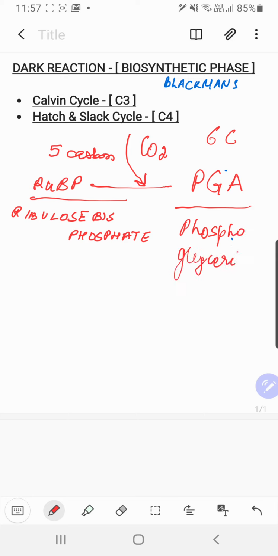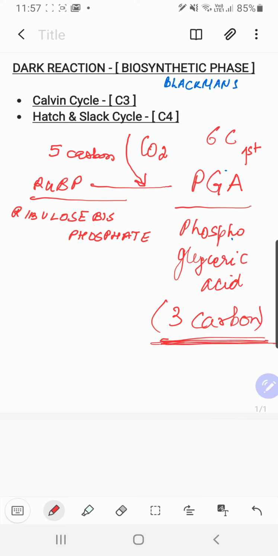This is the first immediate product which is formed in the C3 cycle, and this product is responsible for naming the whole cycle as the C3 cycle, the dark reaction, because this PGA is a 3 carbon atom compound. Right, so the first immediate product formed after carboxylation, after fixing the molecule of carbon dioxide, is a 3 carbon atom compound, and that's why the whole cycle is known as the C3 cycle.